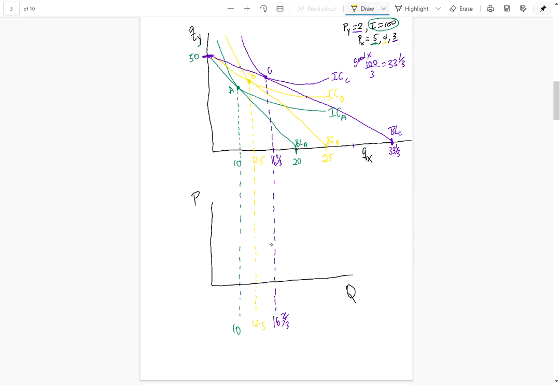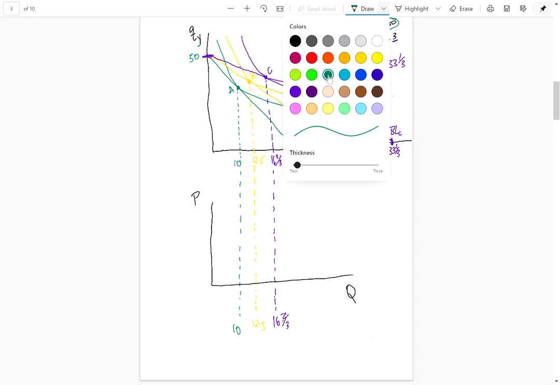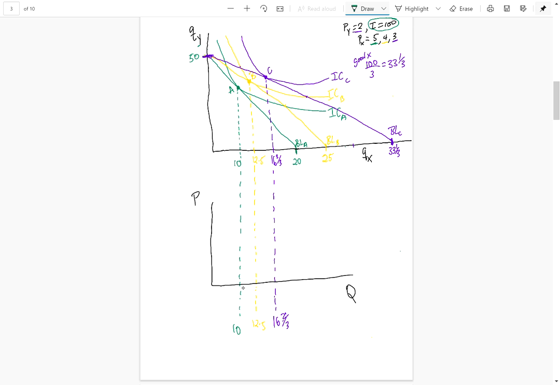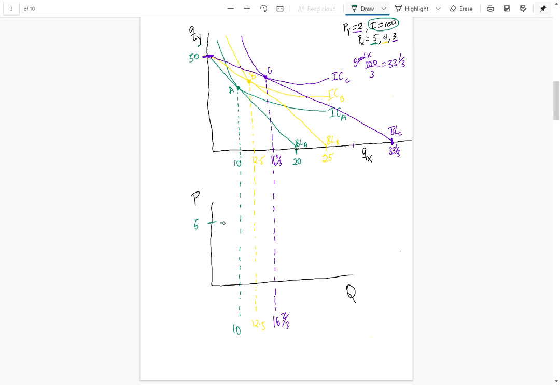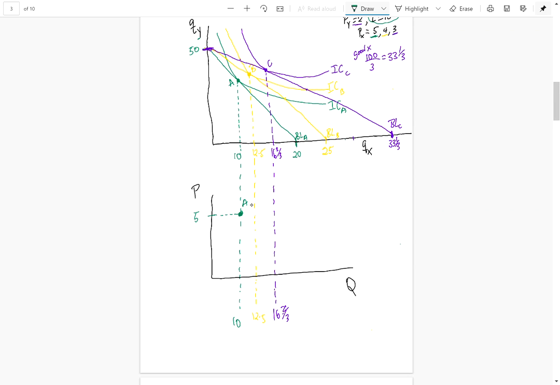So let's start with 5 actually, that at the quantity of 10, price will be 5. So that means the highest point there, right? So 5 intersecting with the quantity, this would be point A. Remember, point A is a price of 5, quantity of 10.